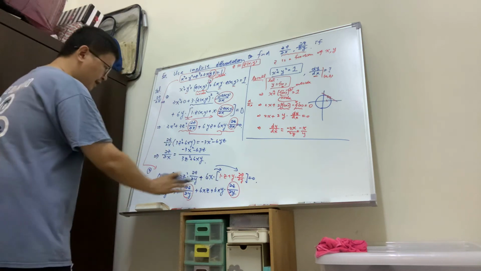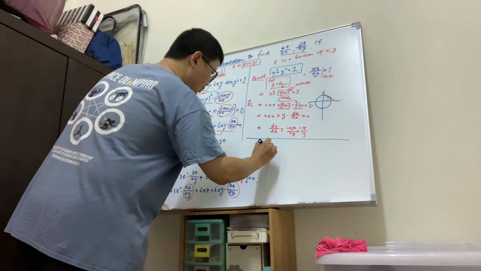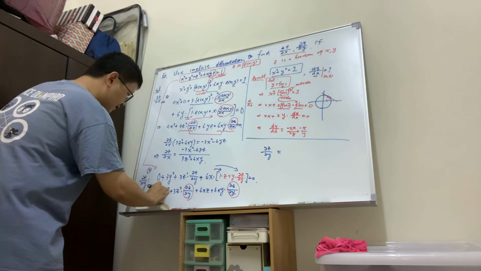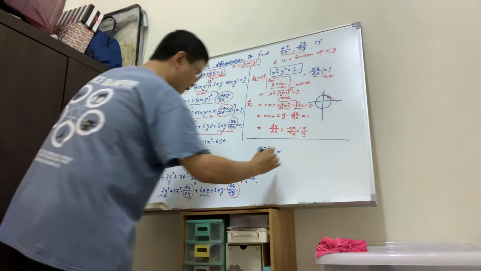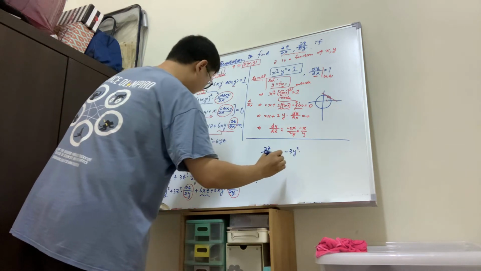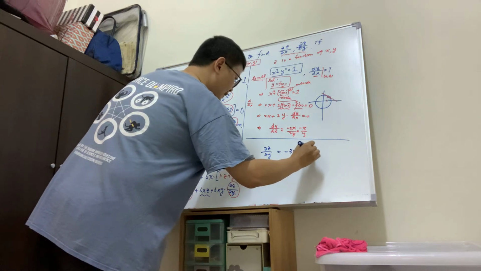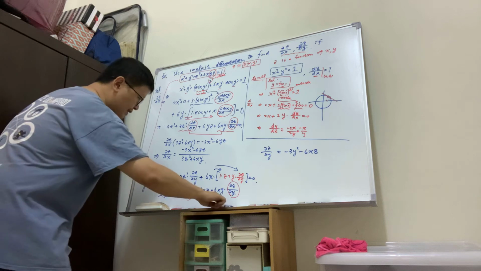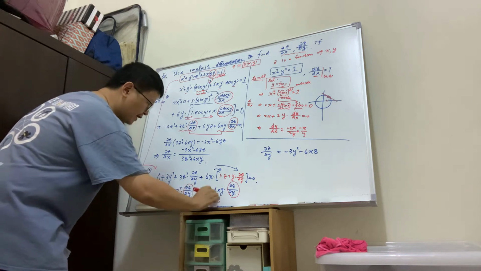And then we put it in the left hand side, and for the other two terms, put them in the right hand side: negative 3y squared subtract 6xg.